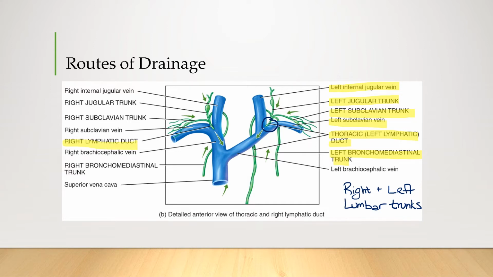This duct is going to receive lymph from the right jugular trunk, the right subclavian trunk, and the right bronchomediastinal trunk. Thus, the right lymphatic duct receives lymph from the upper right side of the body. From the right lymphatic duct, lymph is going to drain into venous blood at the junction of the right internal jugular vein and the right subclavian vein. So again, right here at that junction, that right lymphatic duct is going to drain lymph back into the blood.